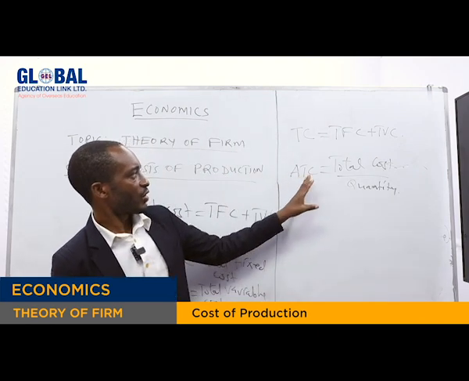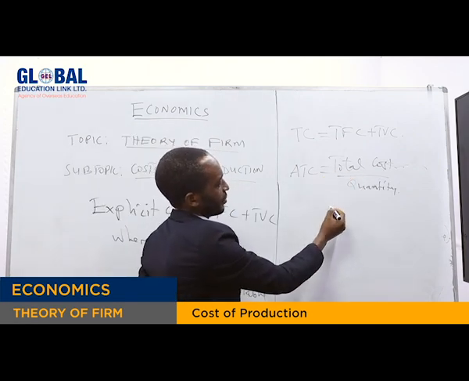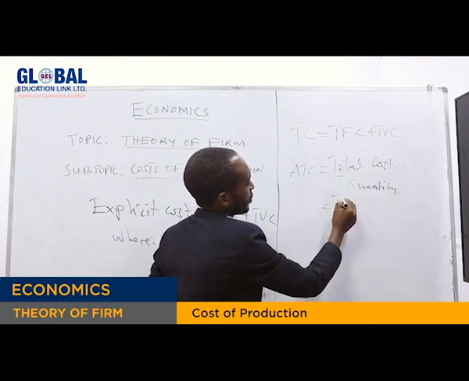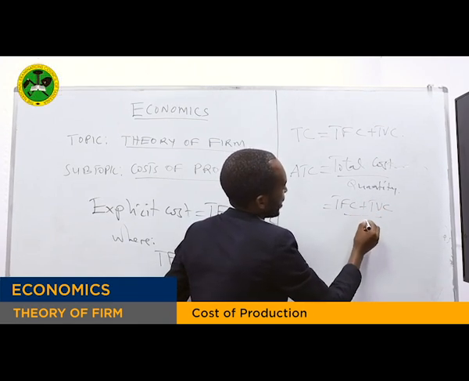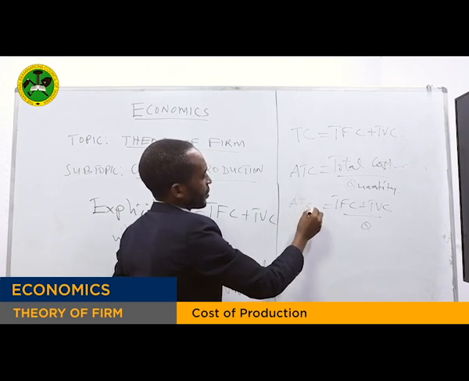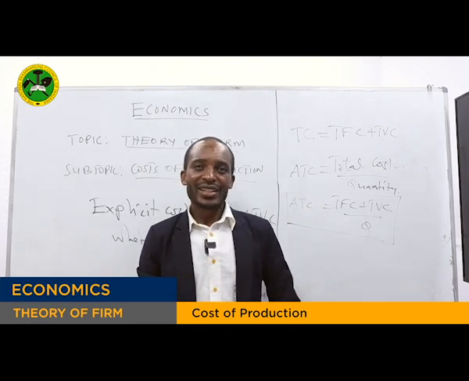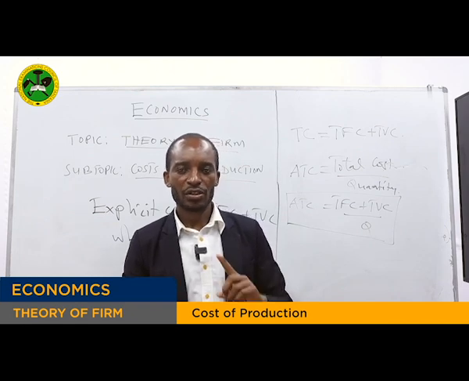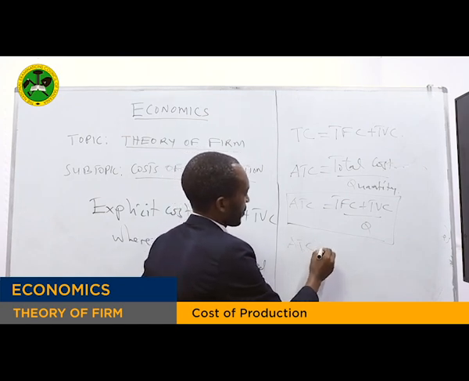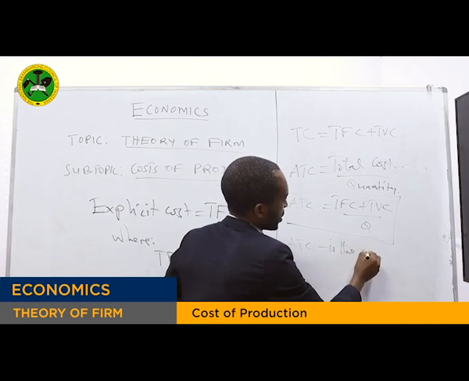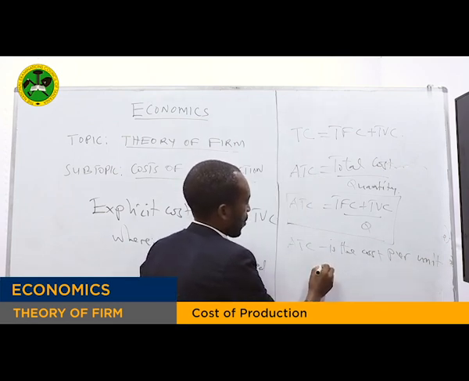The average total cost will be equal to total cost divided by Q, but total cost is the same as the total fixed cost plus the total variable cost, then divided by Q. That means the average total cost is the cost per unit of output.